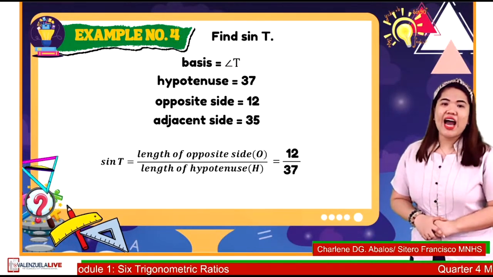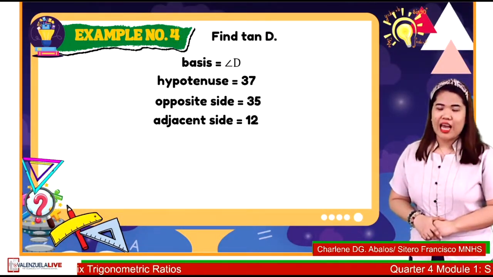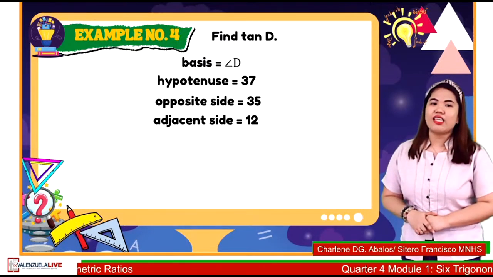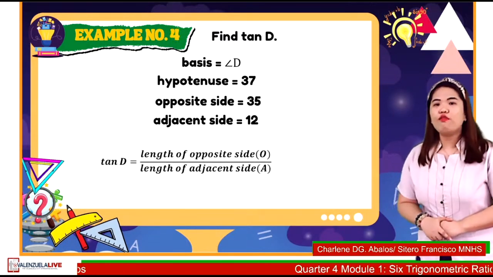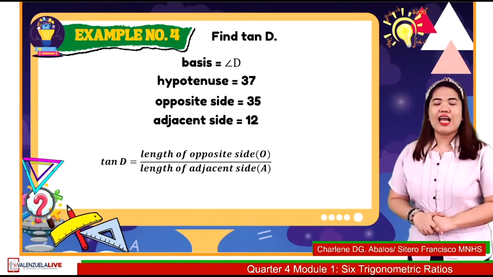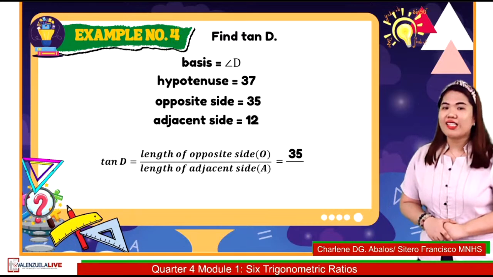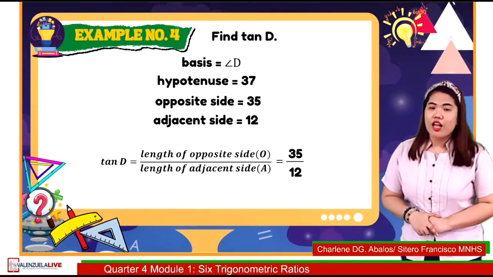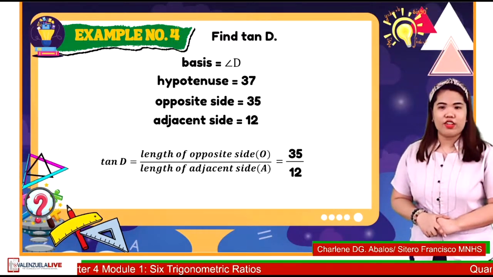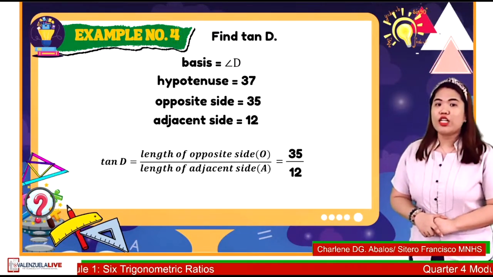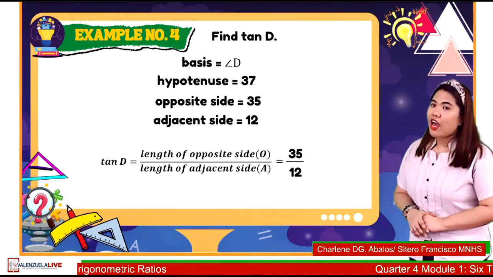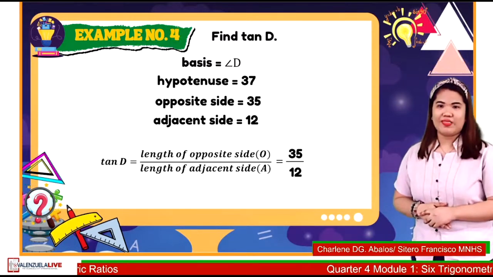Next, find tangent D. Tangent D is equal to opposite side over adjacent side. The length of the opposite side is 35, and the length of the adjacent side is 12. Therefore, tangent D is equal to 35 over 12.